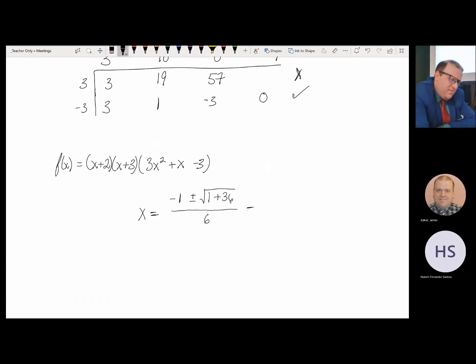Let me just explain this. B squared is 1, and then 4 times A times C, you do it all together, and it was 36. Right, because it'd be negative 4 times 3 times negative 3.